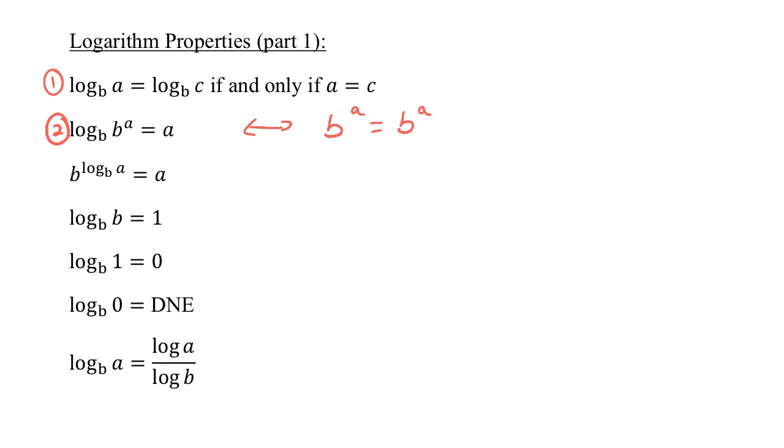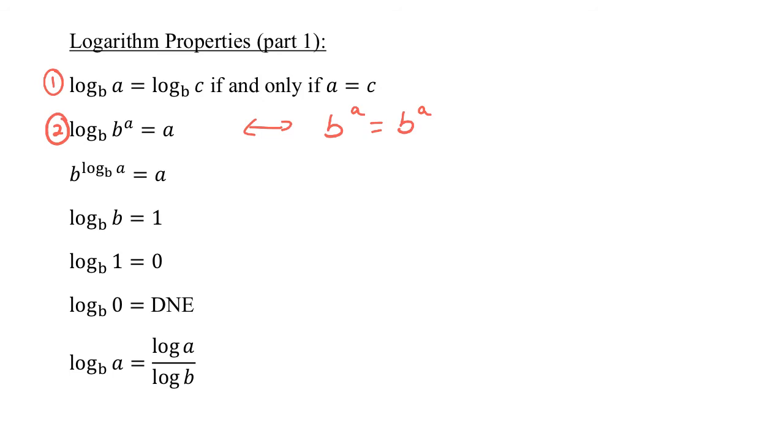To turn this to exponential form, b to the a equals the argument. So b to the a happens to equal b to the a. That is absolutely true, which makes this statement also true. So we're proving log truths by just using the exponential expression of that. By turning this into exponential, we can see that that is true.